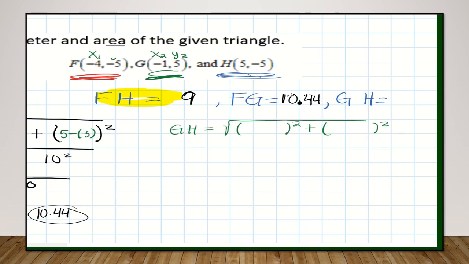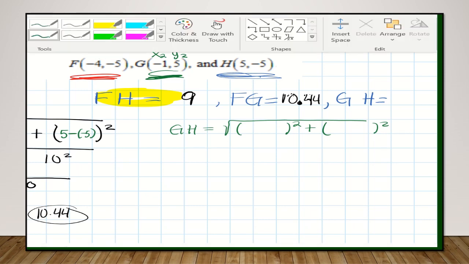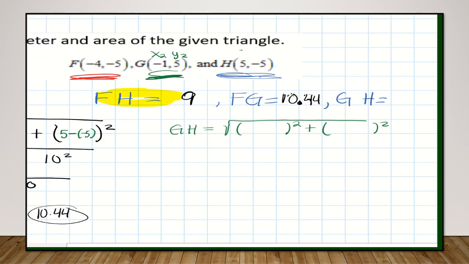Let's go ahead and relabel our points. So since we're still using G, I'm just going to leave it as x sub 2 and y sub 2. So my H will become x sub 1 and y sub 1. And it doesn't matter which one you assign as your x sub 1 and y sub 1. So again, we're going to take the difference of our x coordinates and the difference of the y coordinates.